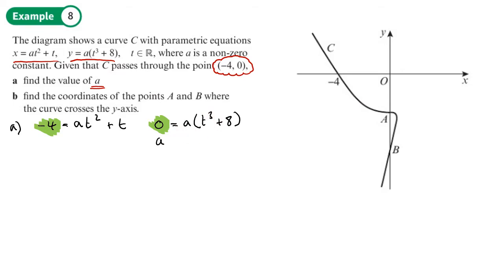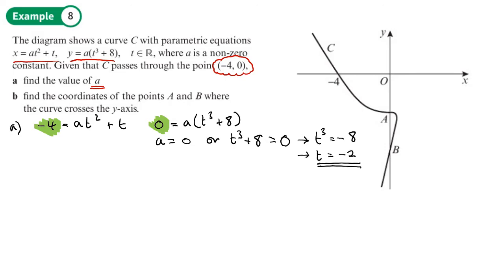That means either a equals 0, I'm going to factorize this, or t cubed plus 8 equals 0. So if t cubed plus 8 equals 0, that means t cubed equals -8, which then means that t equals -2. So at this point, (-4, 0), t is -2.